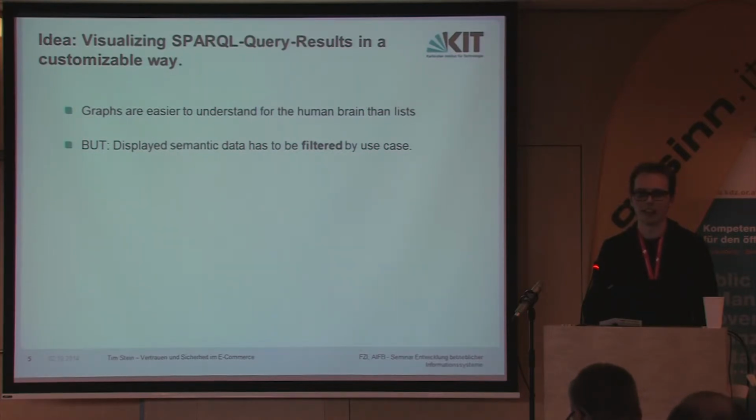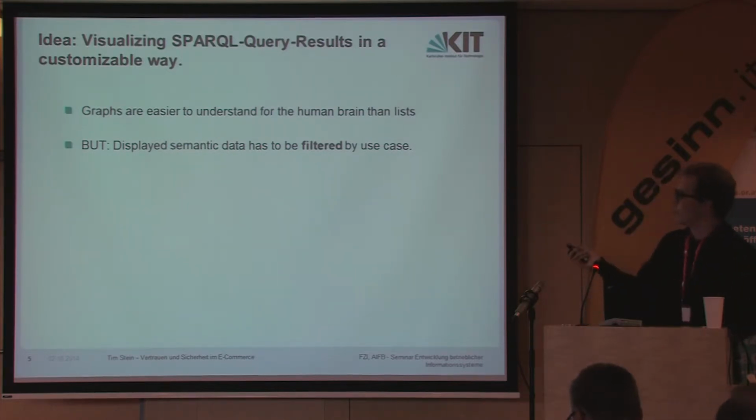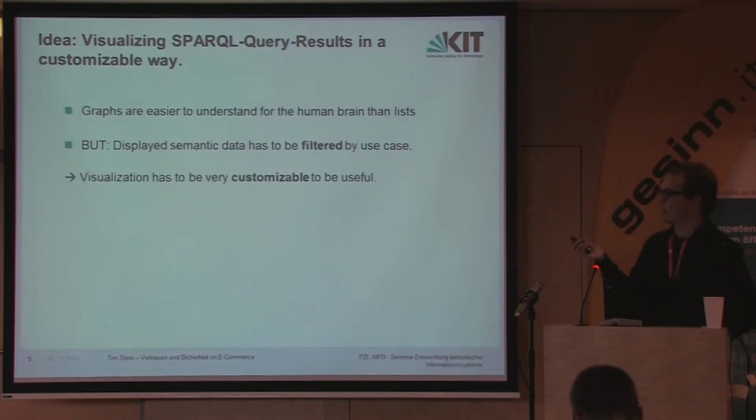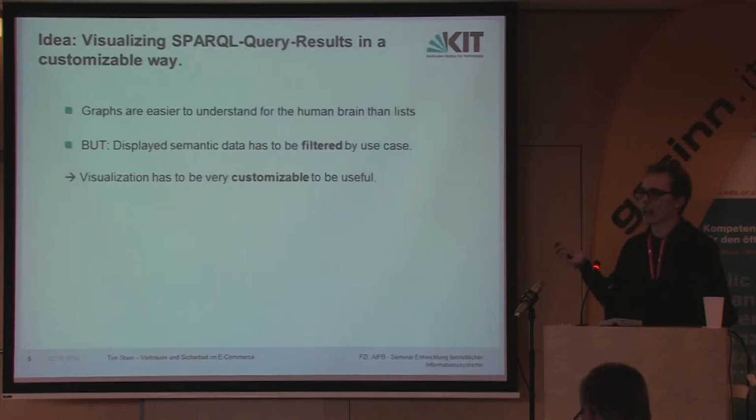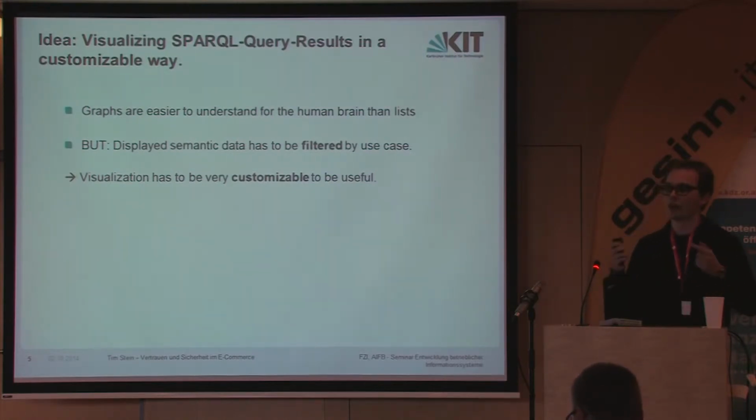There are too many lines, too many nodes, too many relations. So the key point is the filtering of the data and the customization of the visualization, for example color or node size and stuff like that. It must be very customizable for the use case you're using it for.